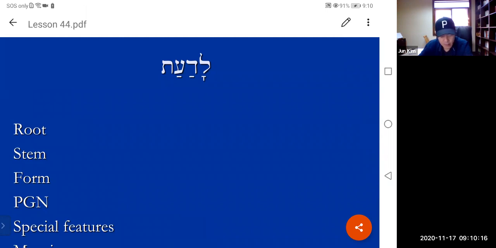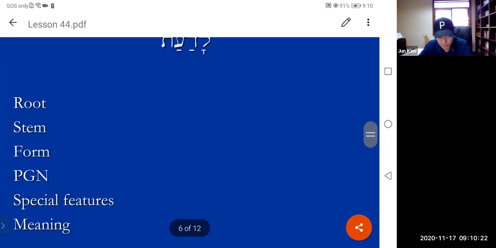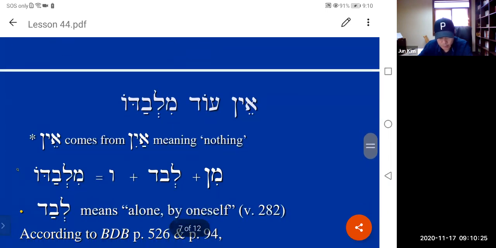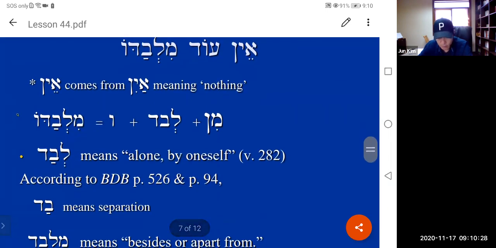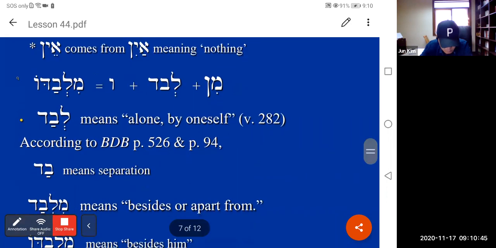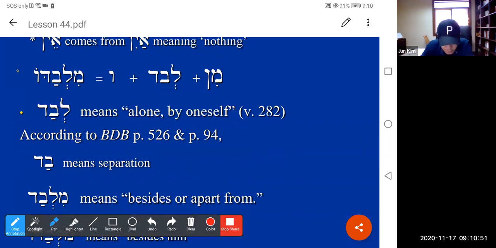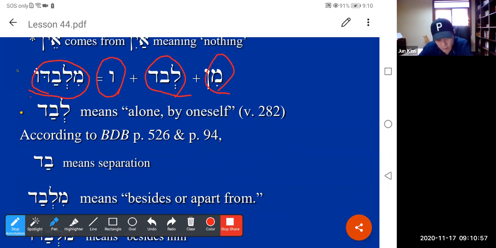Yada, stem Qal, infinitive construct, no PGN, special picture, lamed preposition, meaning to know. So this is the breakdown of this specific expression, ein od milvadov. As you can see, let's just deal with this. This one, min, levad, and then a pronoun with a suffix.